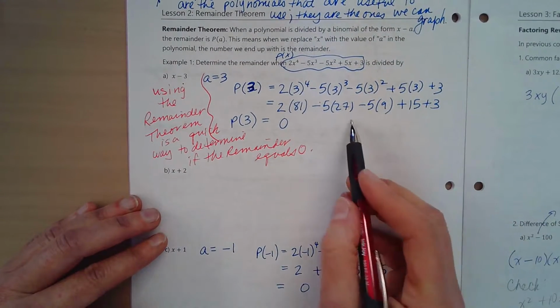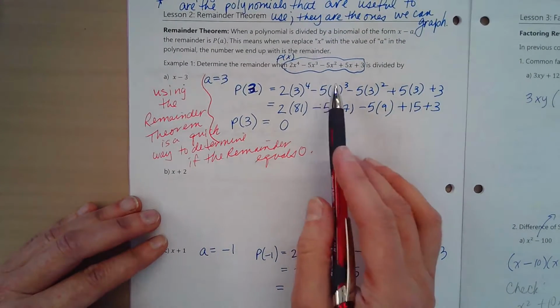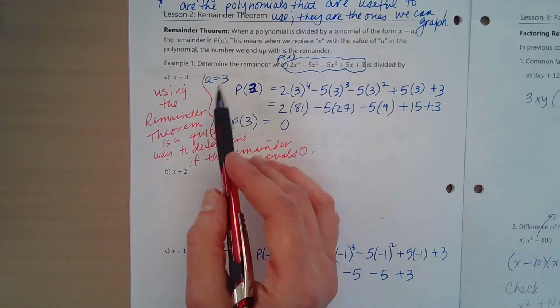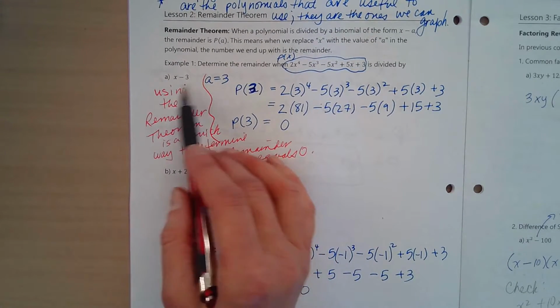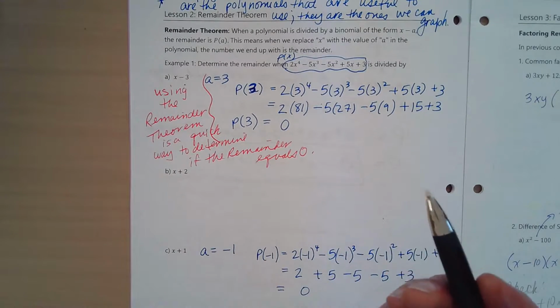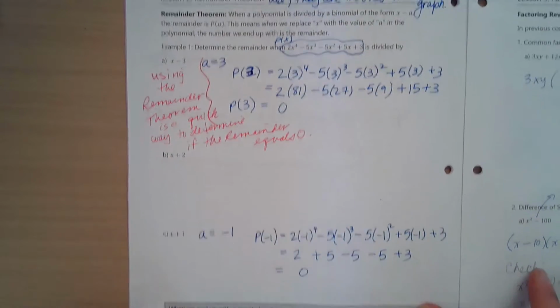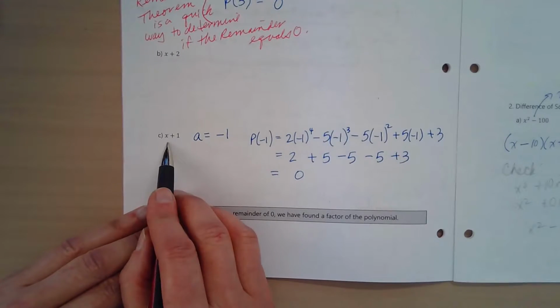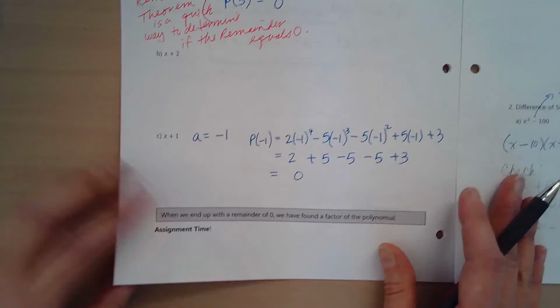Now this one, if I knew that it equals 0, I'd say, okay, yes, this a value is good, this binomial is going to be good, so what I would do is then I would go ahead and proceed with my long division, okay? This means this is a factor of the polynomial as well.